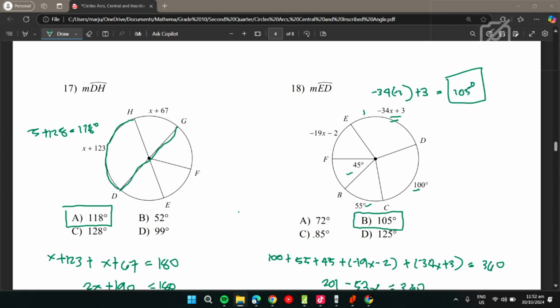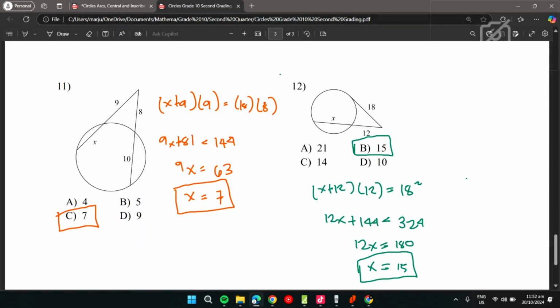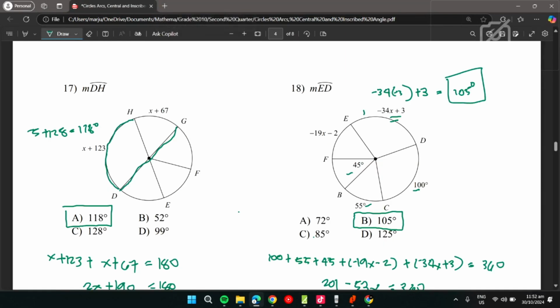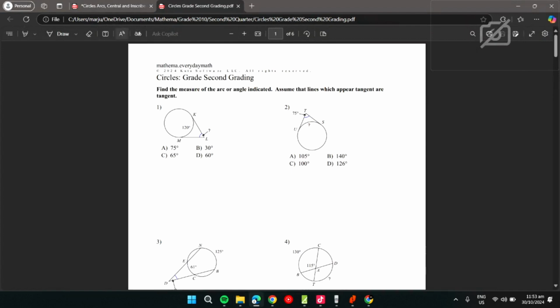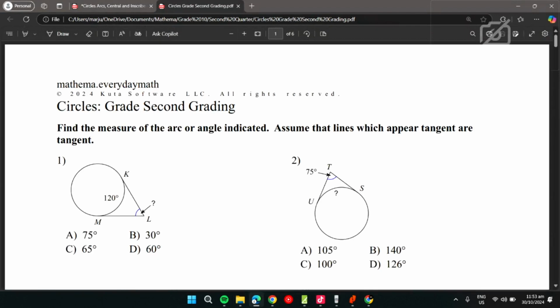Open document. Oh, that's done. Where is it? Wait a moment. Circles, second grading. What about this? Where is it? This one. This is a bit different. Alright? Let's try if we can answer it. We'll see.